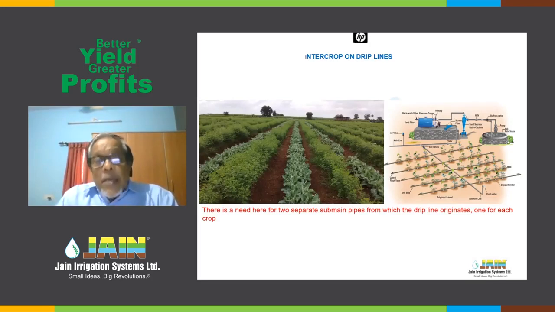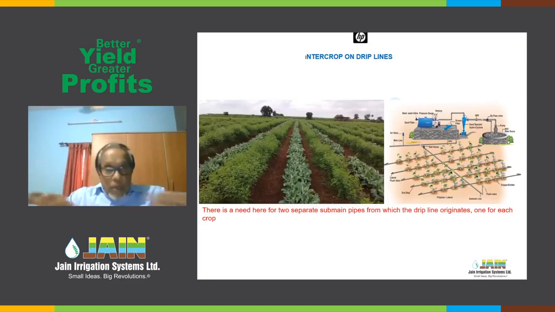Just an example, but that can be a bit difficult work-wise and can be a drudgery. People may forget, breaking of the valves will happen. So the easiest is to consider two submains, one submain for pigeon pea, one submain for the other crop. And then when you do fertigation, you open that particular valve going to the pigeon pea submain, or the submain supplying the cabbages.